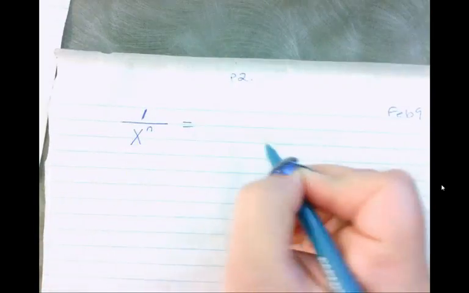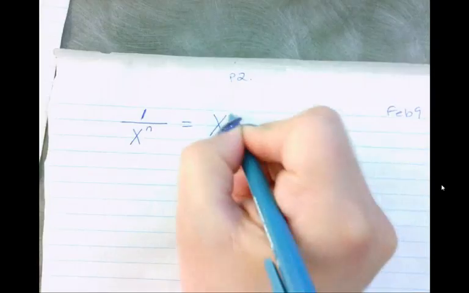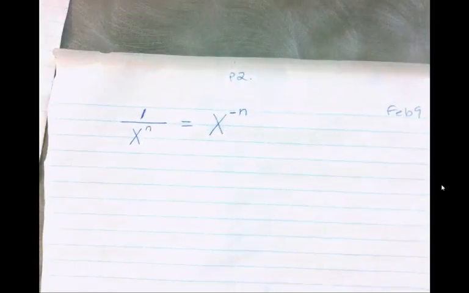Okay, so general rule for that, if I have 1 over x to the power of n, that's the same as x to the power of negative n. So it's just the exponent that becomes negative. The whole thing, the base and the exponent, are now technically in the numerator. So it's like the reciprocal of. Have you guys seen that before? No? That's a new one for you, some of you? Okay.